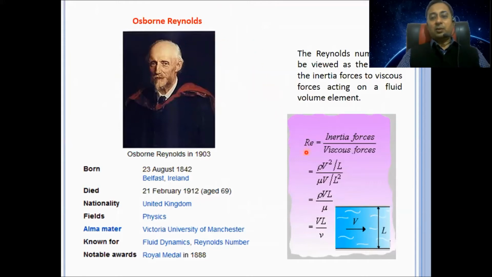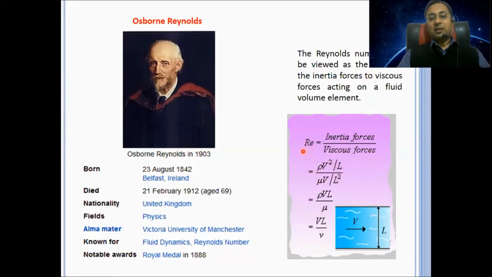What is Reynolds number? Reynolds number is the inertia force by viscous force. Inertia force is a force which is responsible for the motion. Viscous force is the kind of resistance. So here you can see the equation.